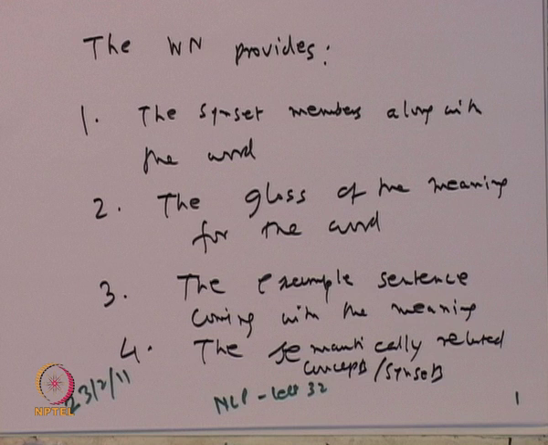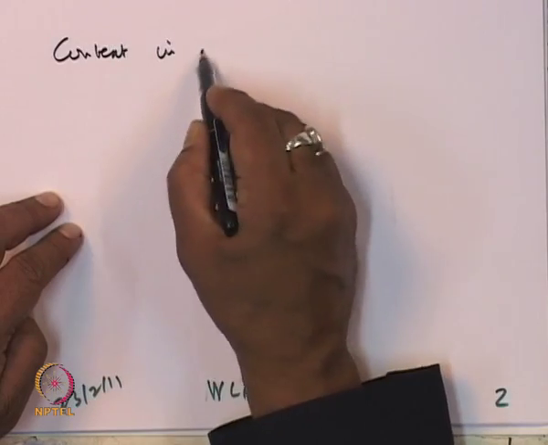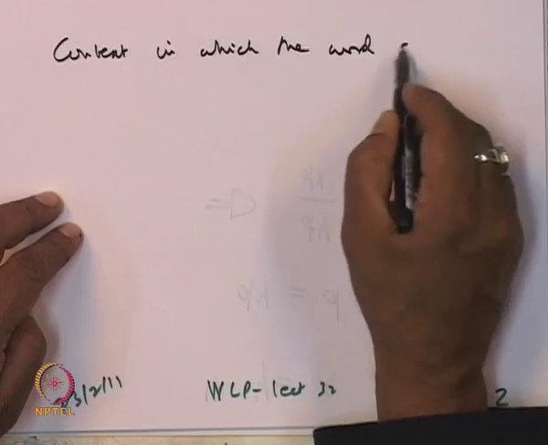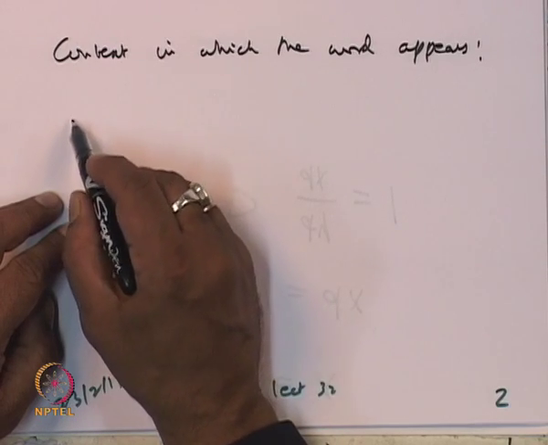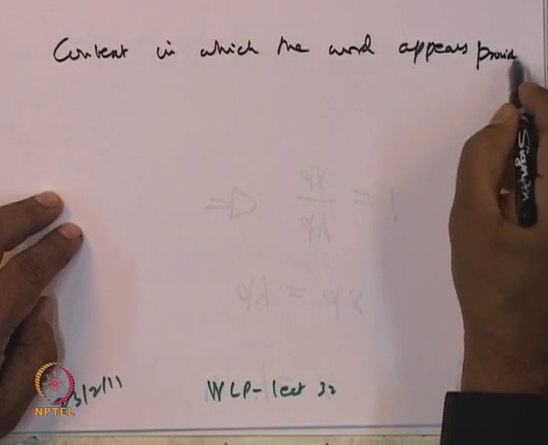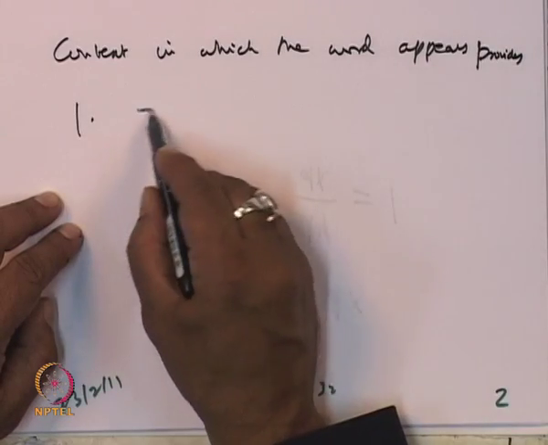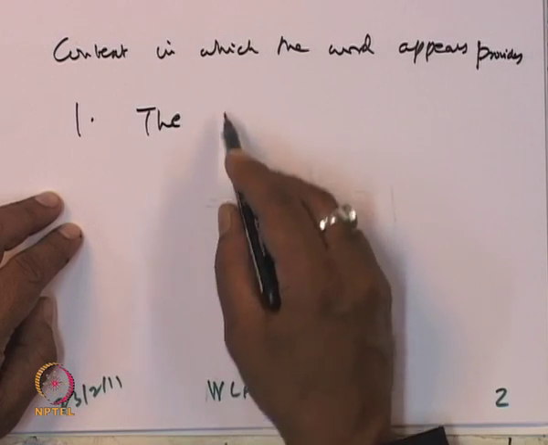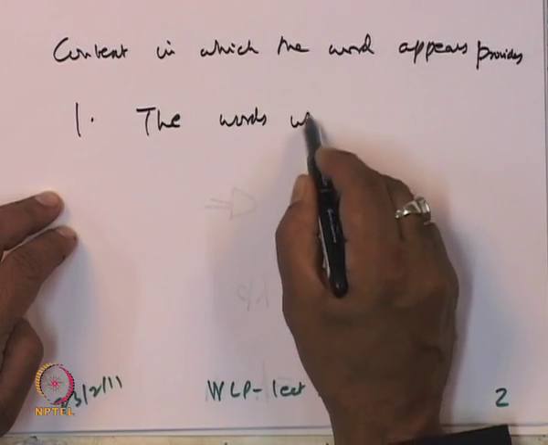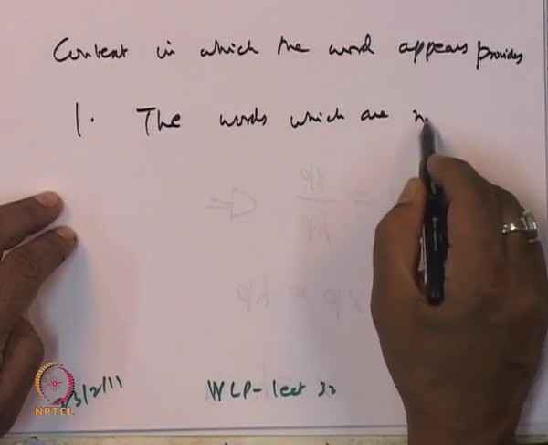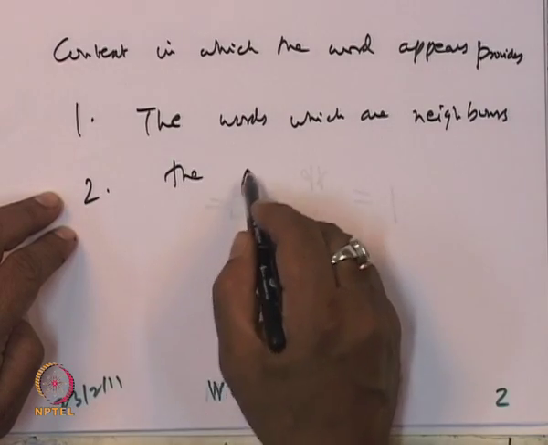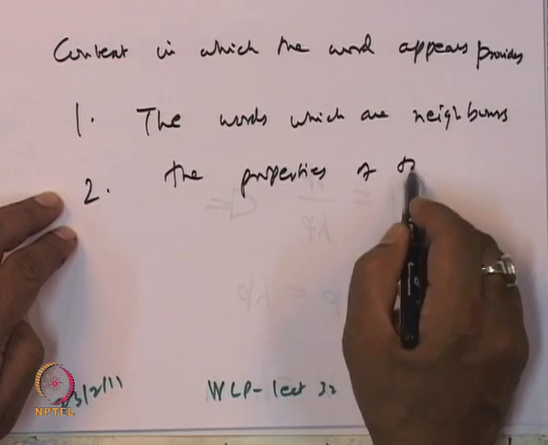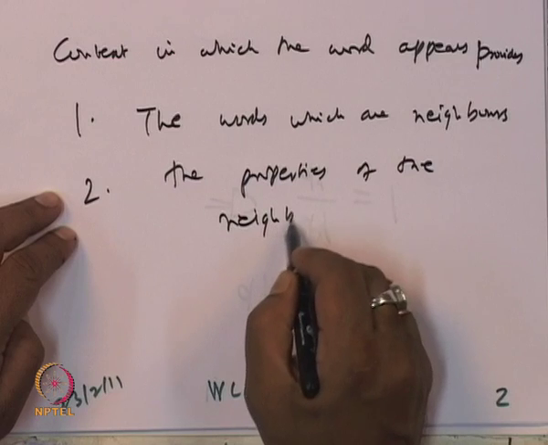And proceeding forward, what we find is that the context in which the word appears provides one, the words which are neighbors, and two, the properties of the neighbors.